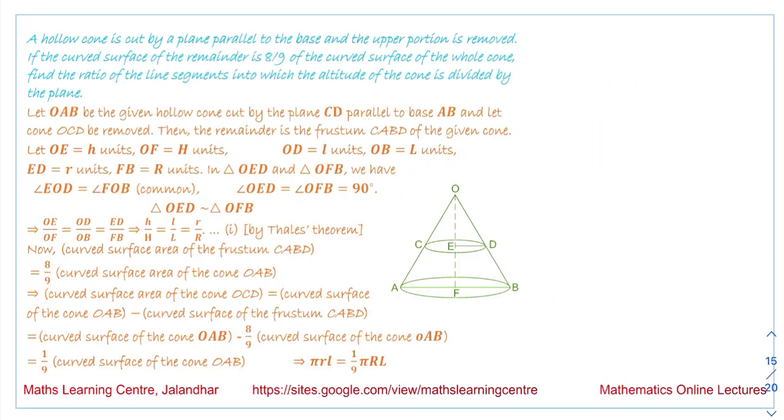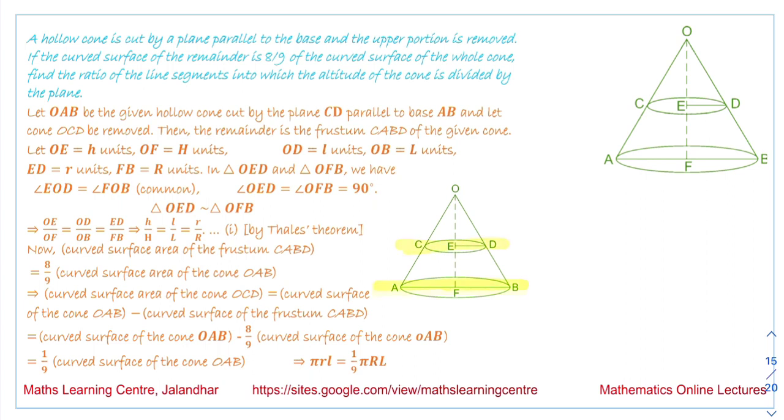Now the next question we have is, a hollow cone is cut by a plane parallel to the base and the upper portion is removed. So a cone is given to us and it is given that the upper portion of this cone has been removed. So suppose this is the line CD, which is parallel to the base AB, and this is the upper portion which is being removed.